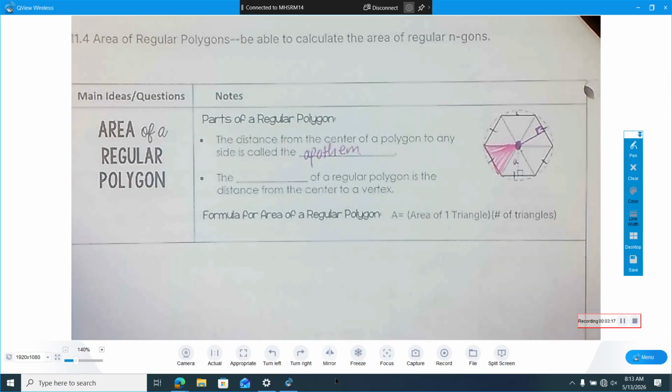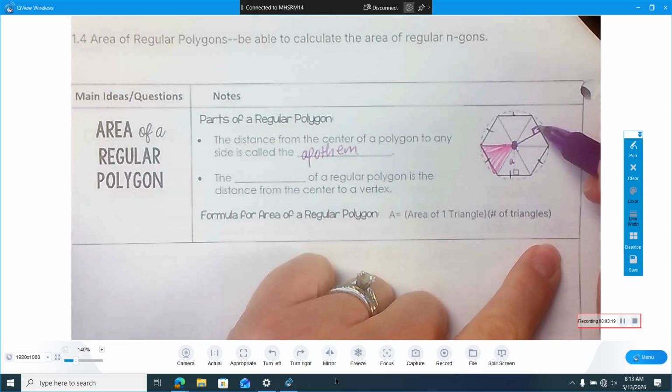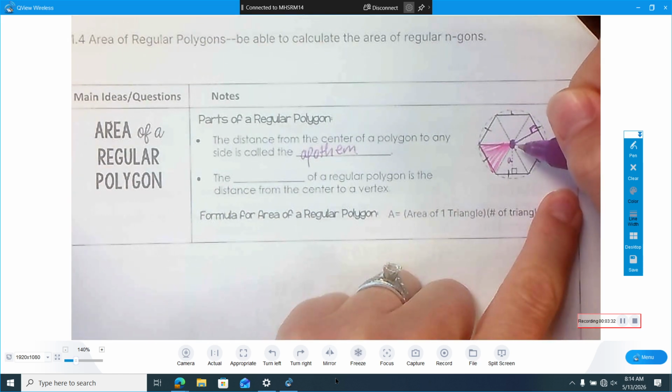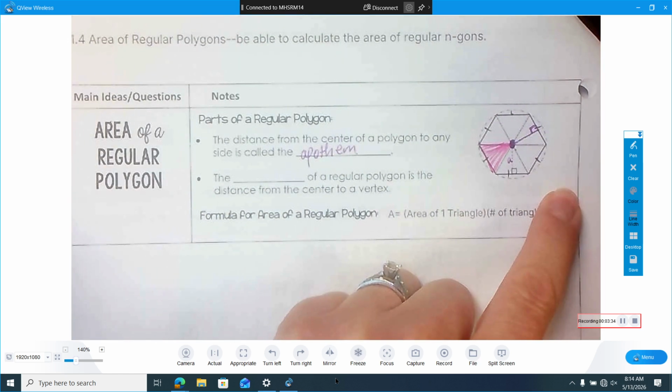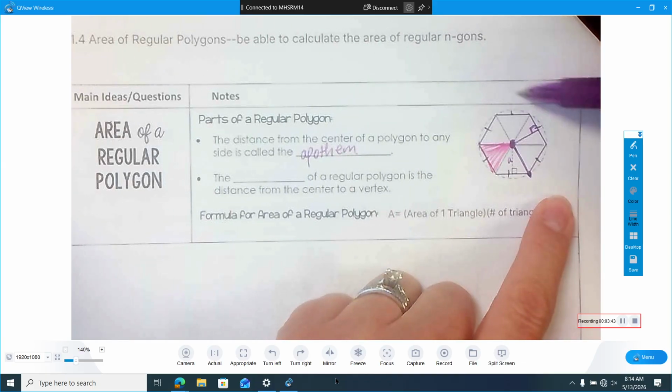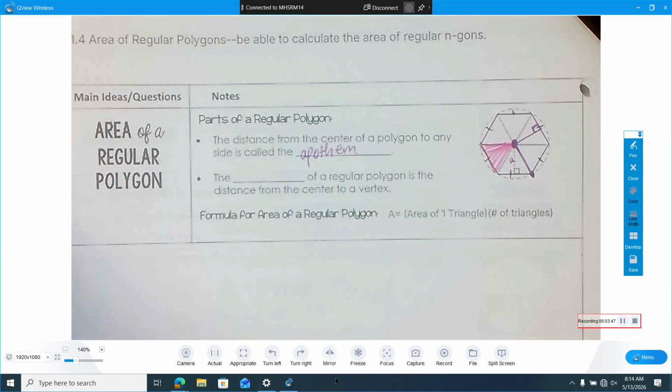When it happens, that apothem is also going to break the large triangle up, split that opposite side perfectly. And then, of course, we also have the distance from the center of the polygon to a vertex of the polygon. So you'll notice that we've got this circle circumscribed around that polygon.